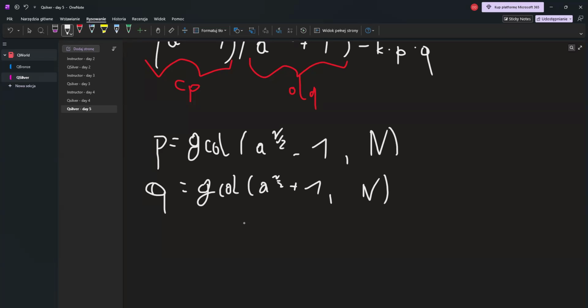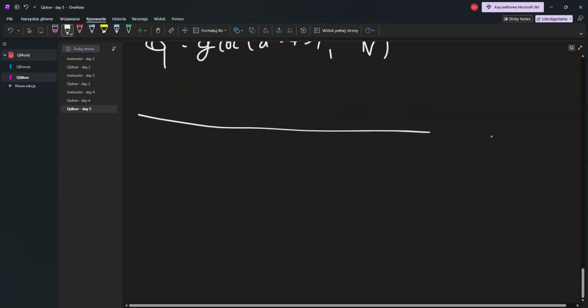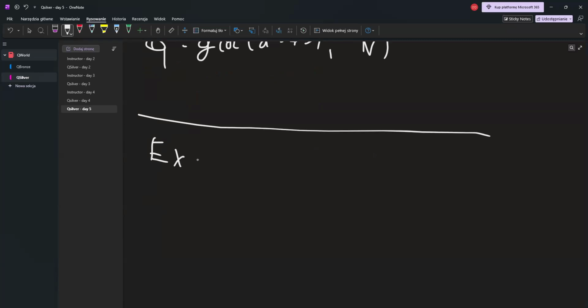So now let me give you an example, and we will walk step by step through Shor's algorithm. Let's say that our input is n equal to 15.